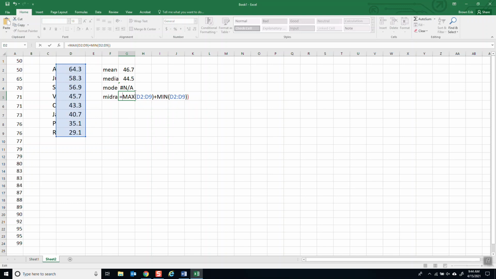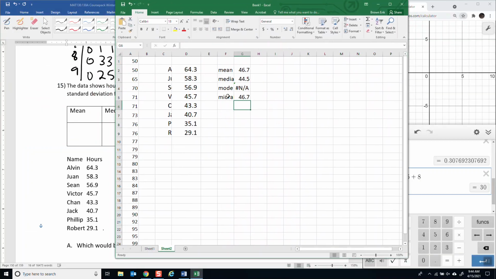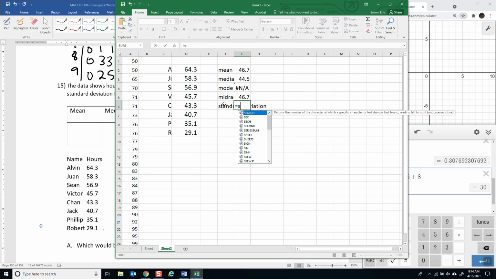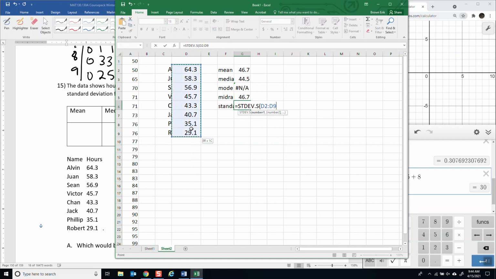So I've got to put parentheses around that summation there, and then divided by 2, and that returns our mid-range. Do we have everything? Oh, and then the standard deviation. This is the one where Excel shines the most, because actually finding standard deviation in Desmos isn't too bad. Since this is a sample, we need to use the sample standard deviation, and there it is. So there's all our answers.